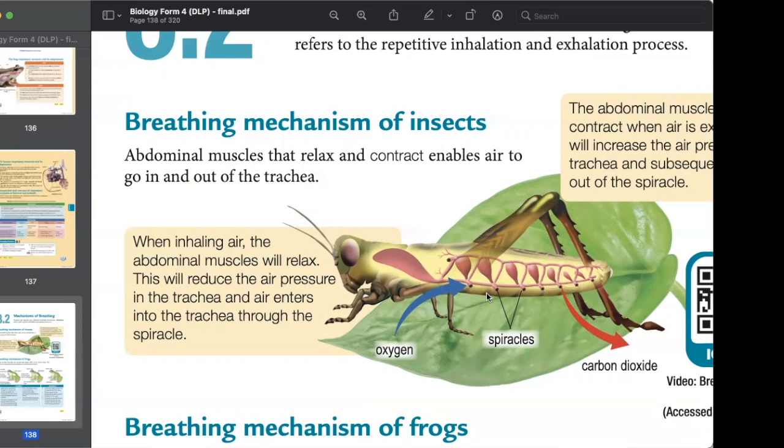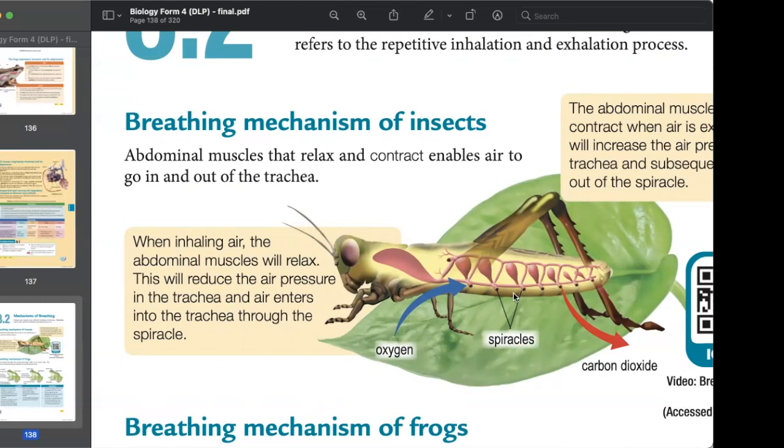So abdominal muscle dekat sini during inhalation dia akan relax. What will happen? This will reduce the air pressure in the trachea. So when it relaxes, this creates a lower pressure in the trachea.